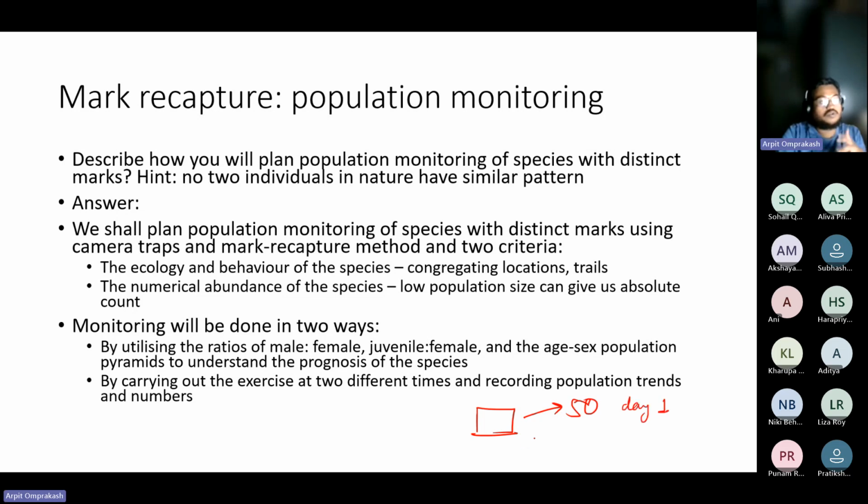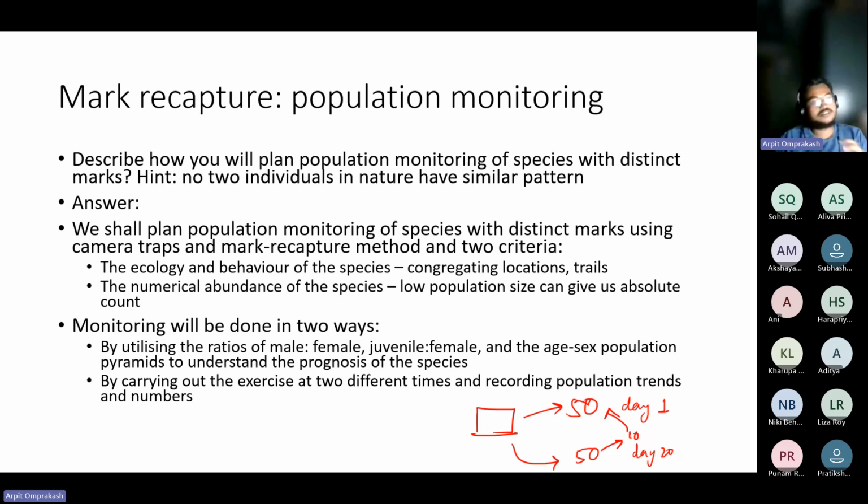Then you go to that place again and take 50 photos of different individuals. You go there again on, let's say, day 20 or something, and you again take 50 photos. Now, what you see is, of these 50 photos, how many photos have you seen earlier? So let's say 10 photos are of individuals that were also present before. Based on that, you can calculate the population density and population size.